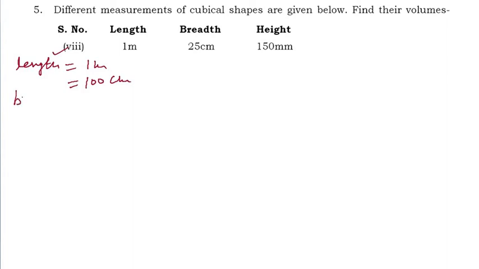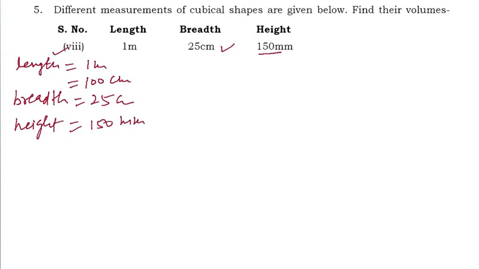Now breadth, it is 25 centimeter. And now height. Height is given as 150 millimeter. First change into centimeter, so 150 divided by 10. So 0 cancels with 0. So we get 15 centimeter.